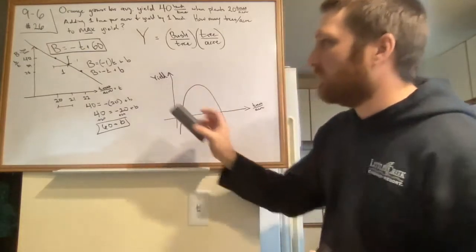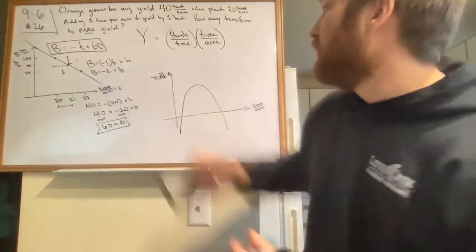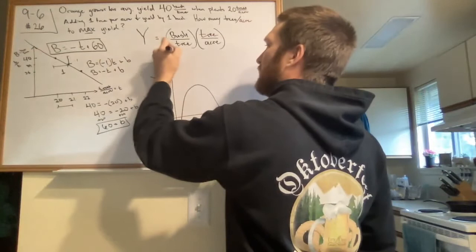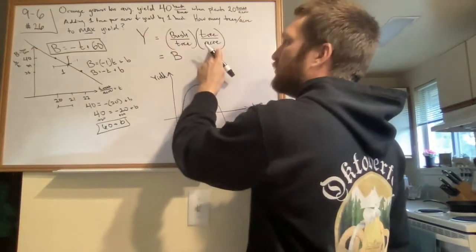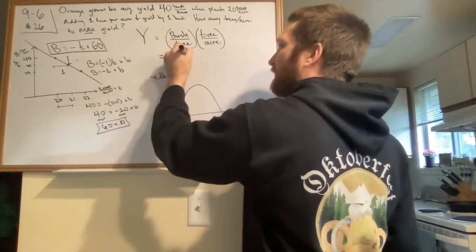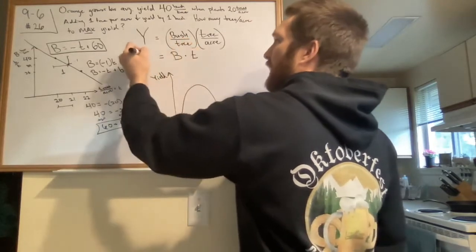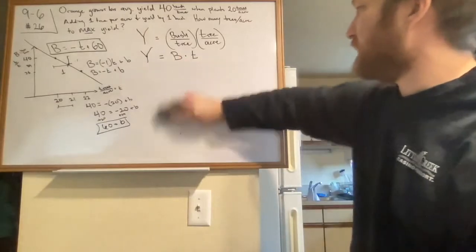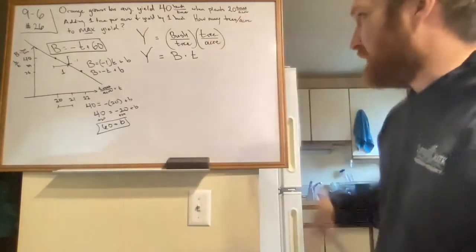Before, I called bushels per tree big B and trees per acre little t, and so y is equal to B times t.